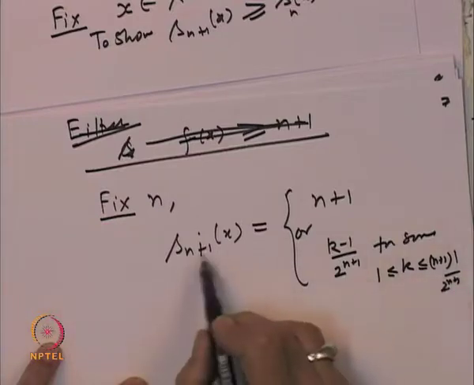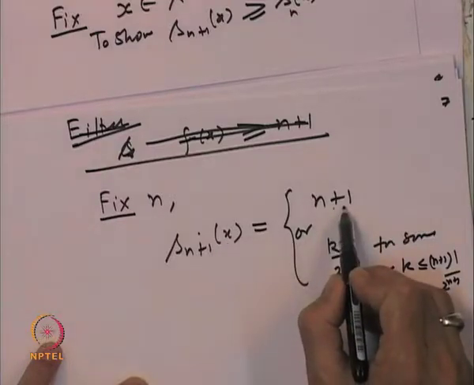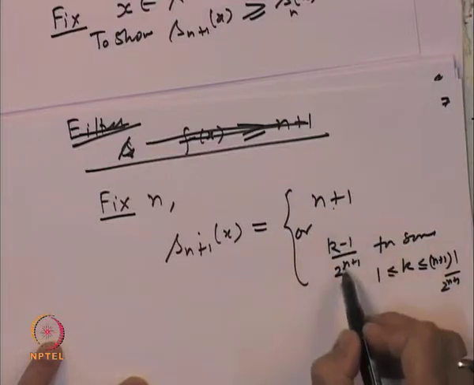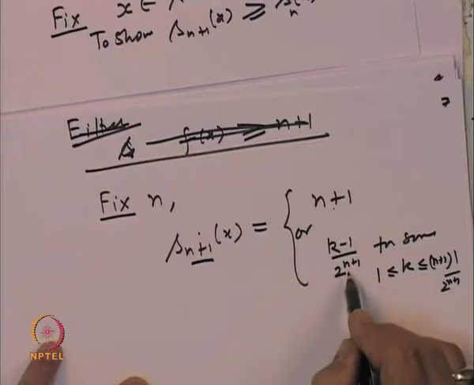So, what we are saying is S n plus 1 of x will be equal to n plus 1 if f of x is bigger than or equal to n plus 1, or it will be equal to the lower value of one of the sub intervals at the n plus 1th stage. At the n plus 1th stage, we will be dividing the interval into 2 to the power n plus 1 parts.